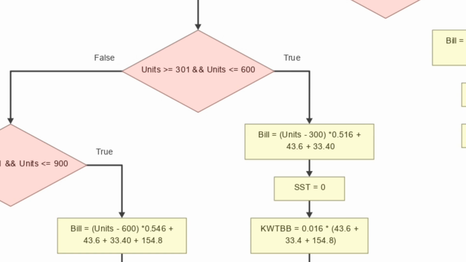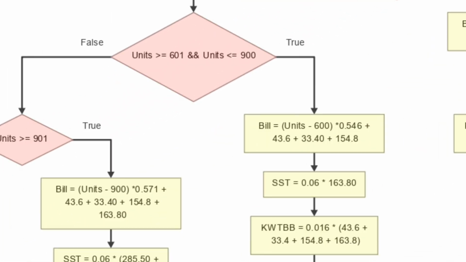If the statement is true, the units will be multiplied by 0.516, which is RM 0.516 per unit. Since the rule of the KWTBB is met, we need to calculate the total bill plus the KWTBB rate, which is 0.016 multiplied by the bill on the third tariff.